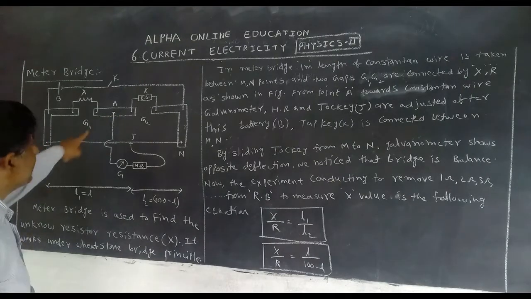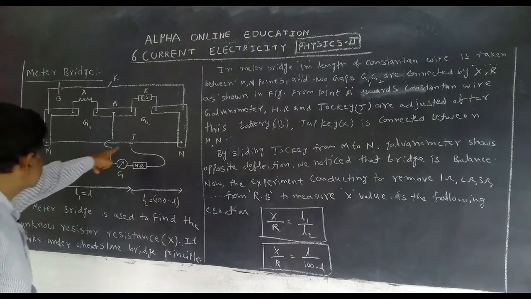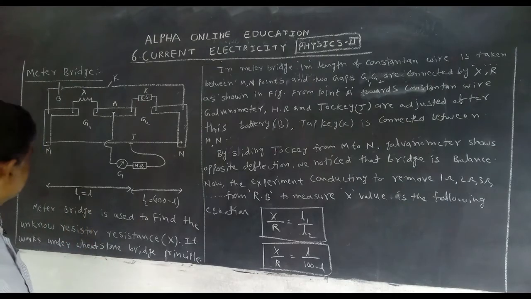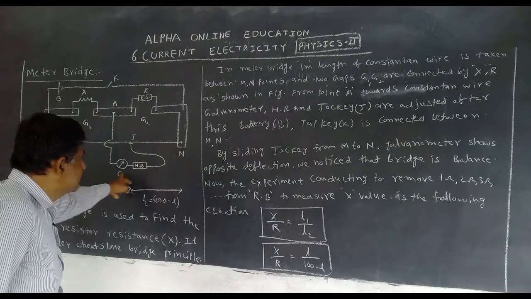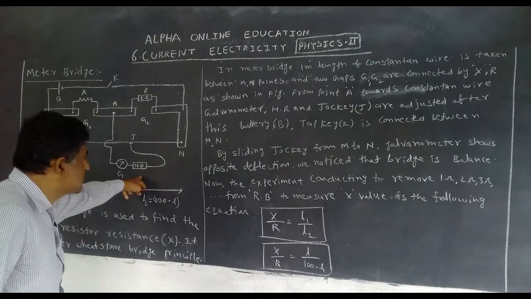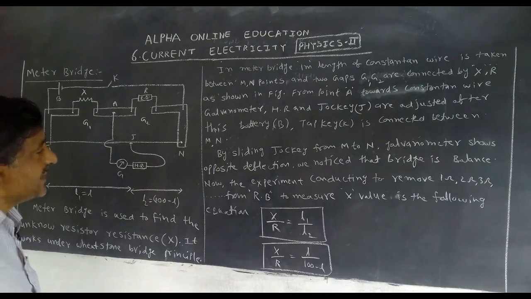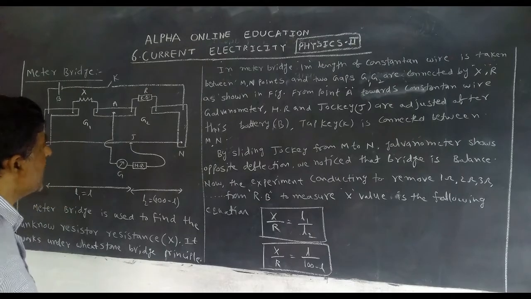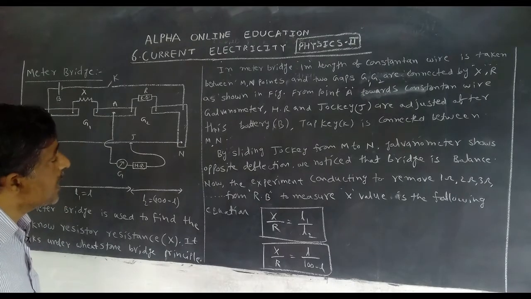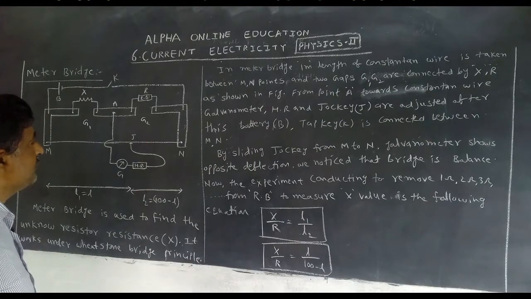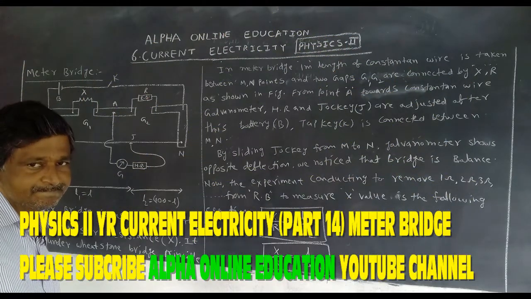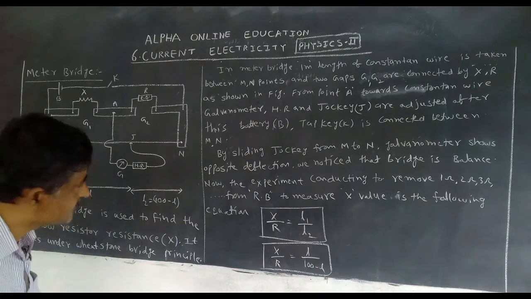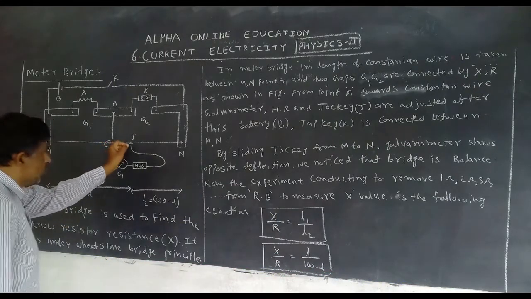From point A towards the constantan wire, galvanometer, high resistance box and jockey J are adjusted. After this, battery B and tap key K are connected between M, N. This is the arrangement.